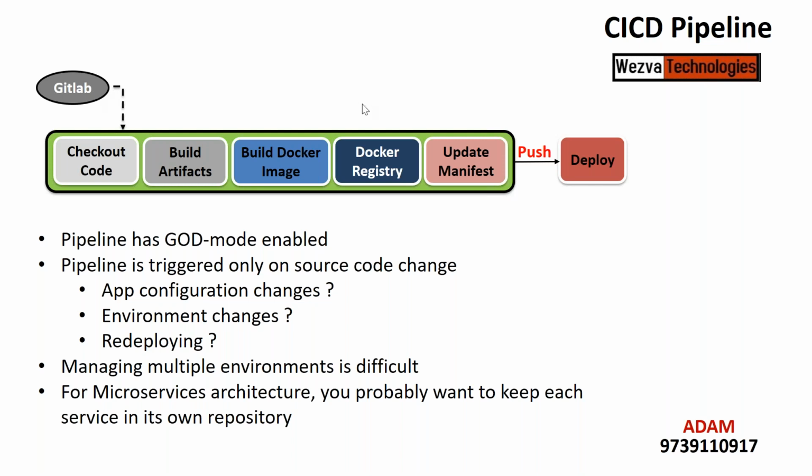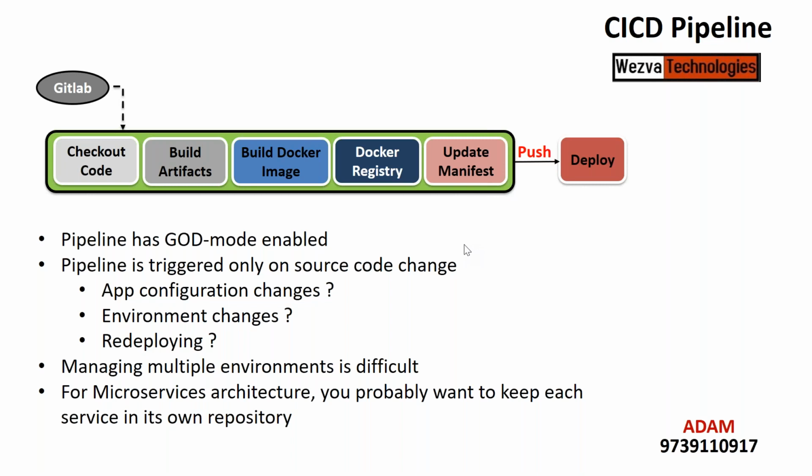So I'm not changing anything else. I want to change only a particular configuration file, or in my Kubernetes, I want to modify the manifest for the config map. Then when I do it, how will this deployment happen? The pipeline will never get triggered because I'm changing something directly here.